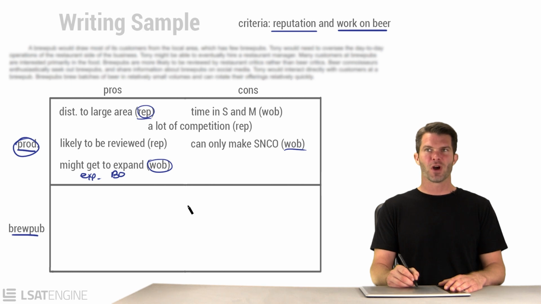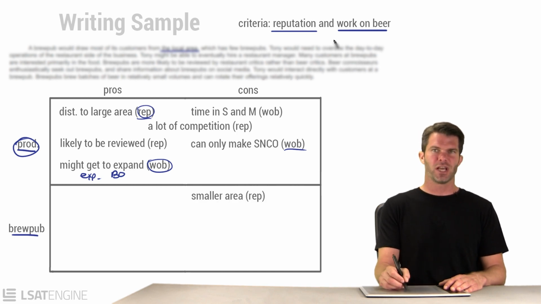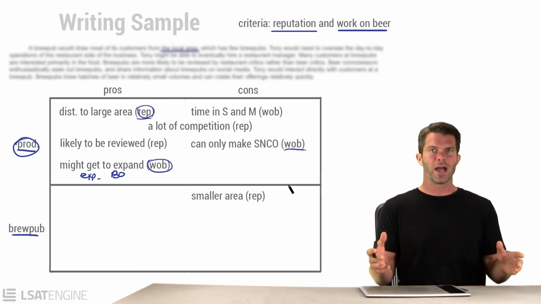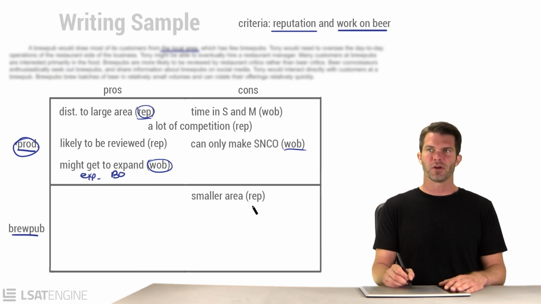So here are the details for option 2. A brew pub would draw most of its customers from the local area which has few brew pubs. So first off, that sounds a little bit smaller, and if you were going to advocate for the production facility, you would want to note that this has a smaller area, which I think only really affects the reputation, right? That if you can distribute to a wider area, you have a better chance of getting it to a critic or a connoisseur. You're just reaching more people in a smaller area.